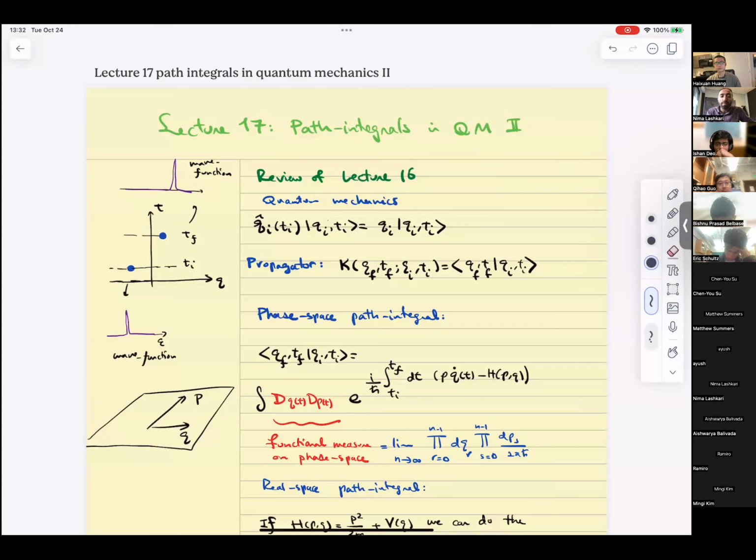All right, with those comments, I'll start with a review of our discussion from last time, and then we'll talk about perturbation theory and set up the stage for scattering. In the next few lectures, we're going to take this path integral formalism and the propagator and S matrix we have defined, and generalize it to quantum field theory.